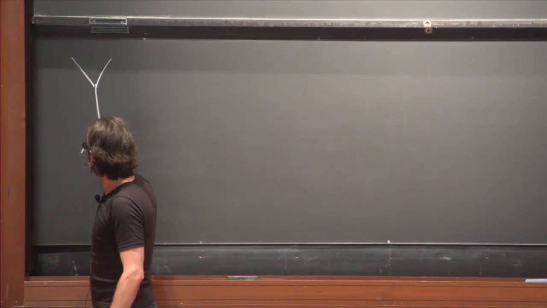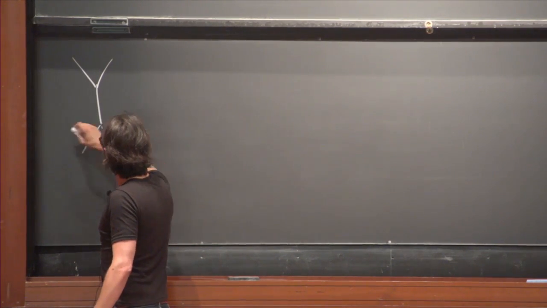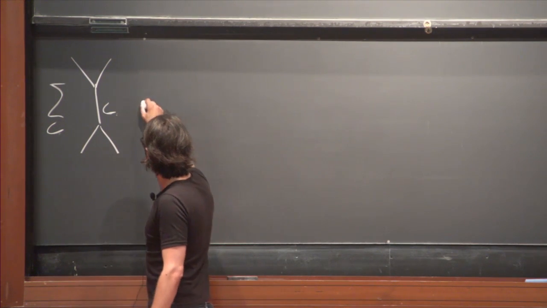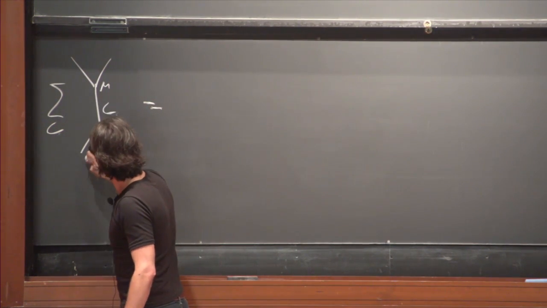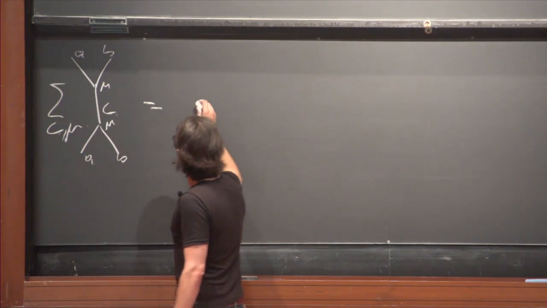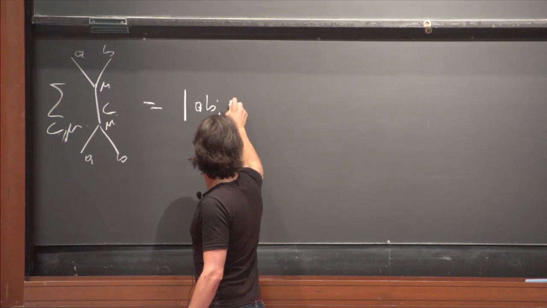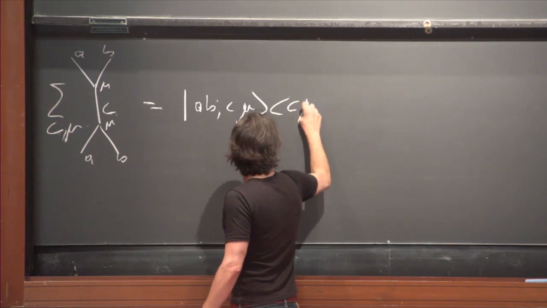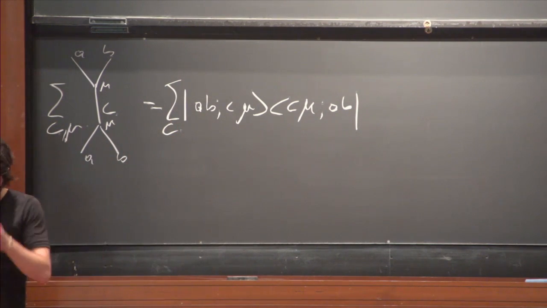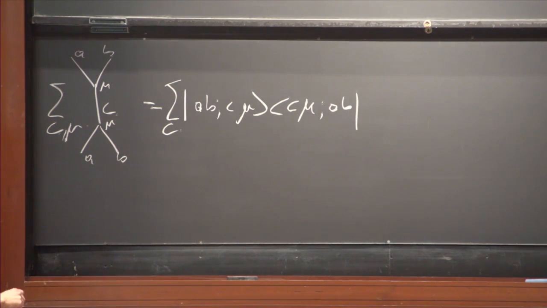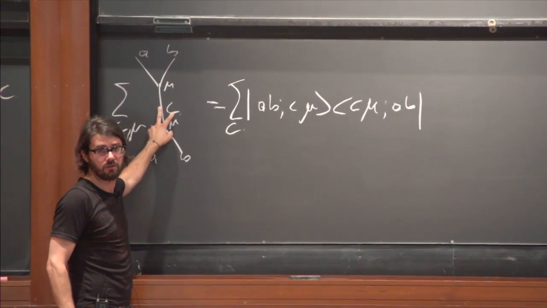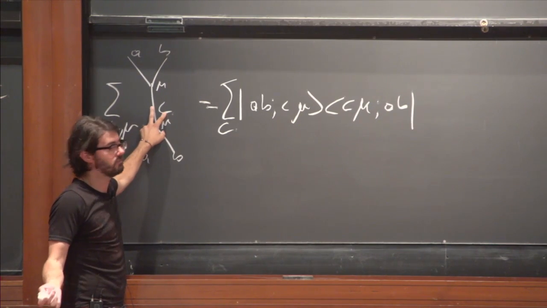So completeness just tells you that the sum over C and mu of this is equal to 1, which is just |A,B;C,mu><C,mu;A,B|, summed over C. So in other words, if I had sigma sigma here, how many C's would I have to sum over? 1 and psi.